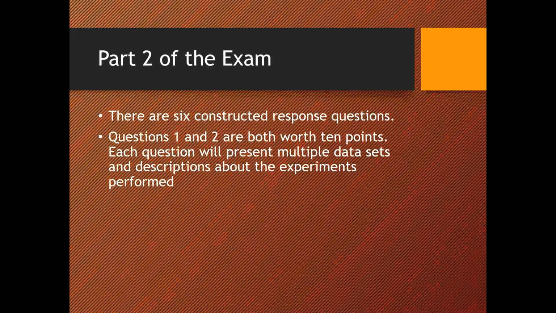The great thing about the constructed response questions on the AP Bio exam is they boldface their descriptive terms, so you know exactly what you need to do to get the points that are offered to you. Each part within the question will be worth 1 point. Within question 1 or 2, they'll ask you to make some kind of graph, and that will be worth multiple points, obviously, and then answer questions about the graph that you make as well.